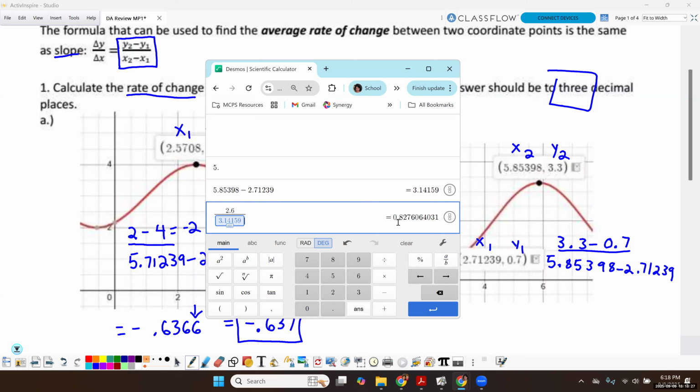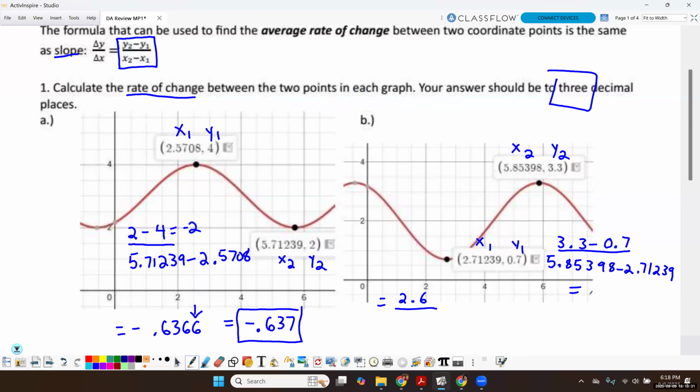And so I've got 0.8376. Again, because I have a 6 here, I'm going to round it up, and I'm going to report my final answer as 0.838.